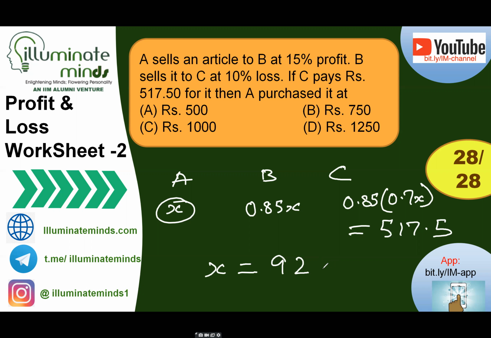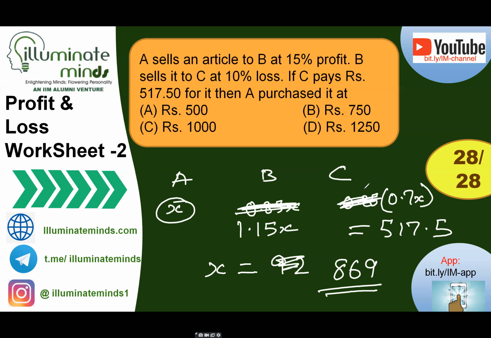No, I did a calculation mistake. So 517.5 divided by 0.85 divided by 0.7 will give me 860. Okay, this will be 869. Oh, I made this mistake. Sorry, this will be 1.15x.